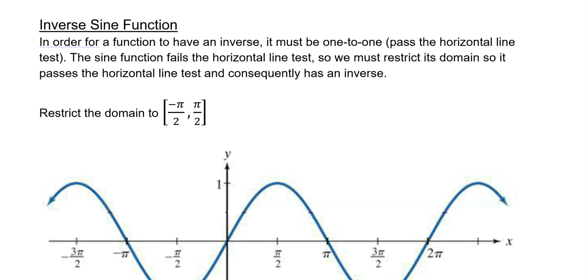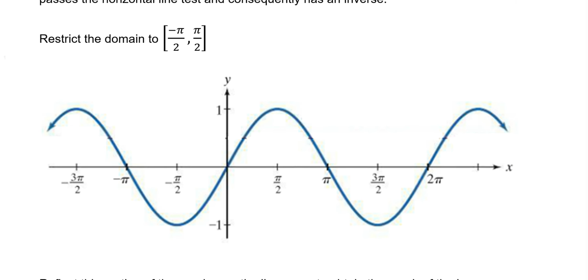So starting off here, let's take a look at the inverse sine function. Just to remember some of the properties of inverse functions, in order for a function to actually have an inverse function, it has to pass the horizontal line test. So if we take a look at the graph of sine, this is just our normal function y equals sine of x.